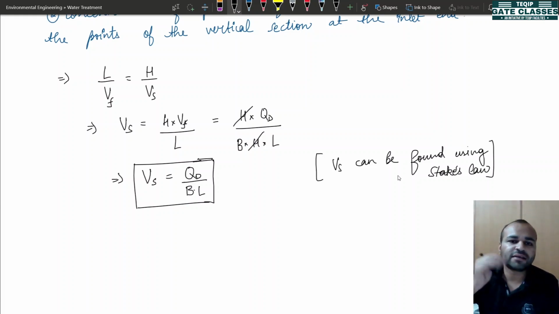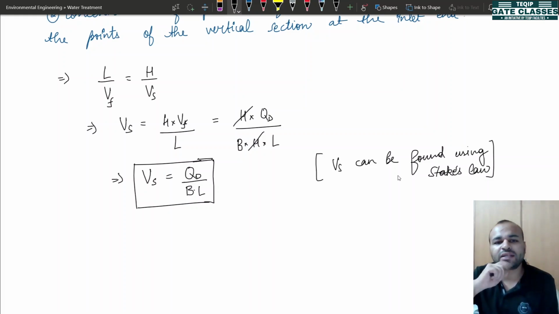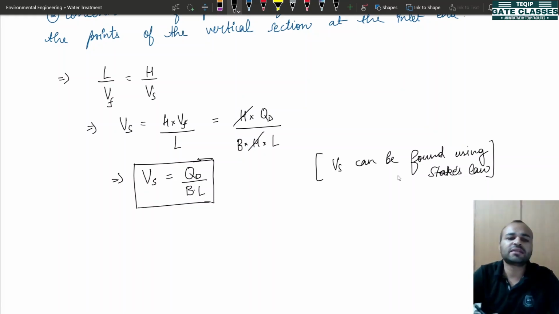For that, the water supply manual by the Government of India recommends that we consider a ratio. We can take the ratio as 1 is to 2 to 1 is to 5 for the breadth to length ratio. So using that, we can easily find out the various design parameters for the rectangular tank.